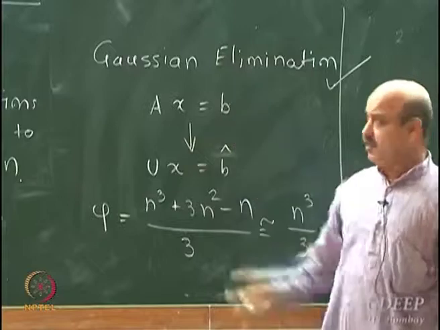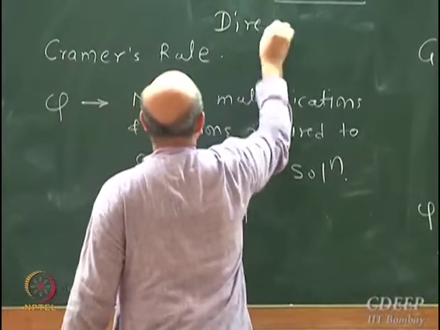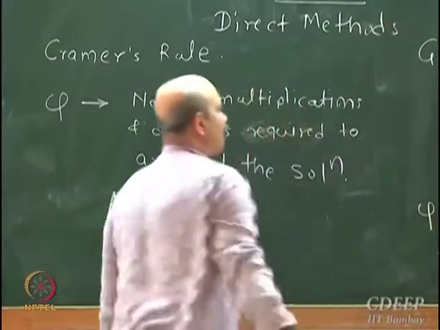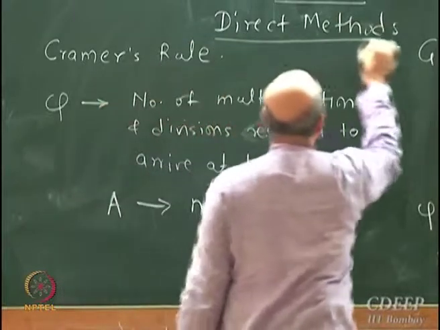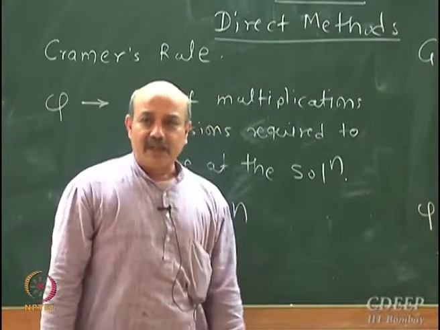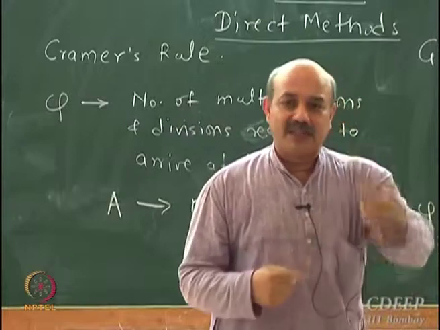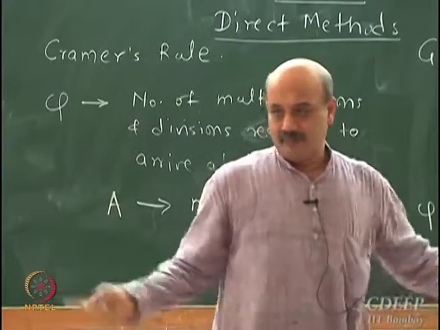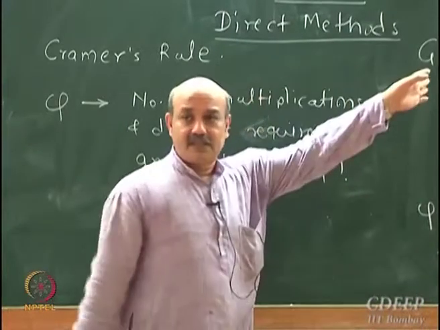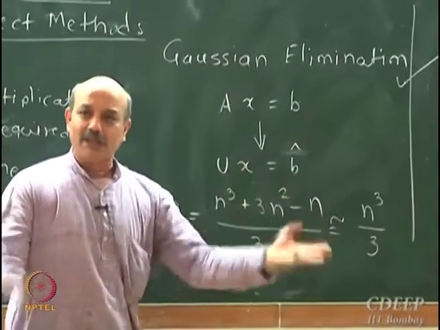These methods I am talking about are classified as direct methods, as against iterative methods, in which you start with a guess and from the old guess you construct a new guess, and so on, like Newton-Raphson. In direct methods like Gaussian elimination, you don't start with a guess. You directly solve the problem.